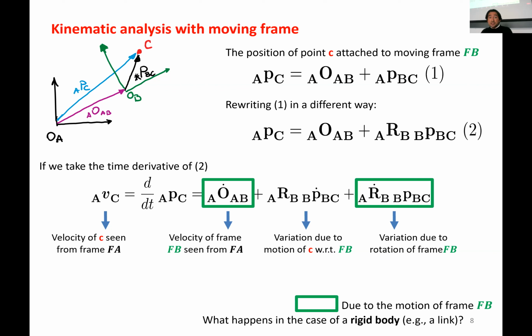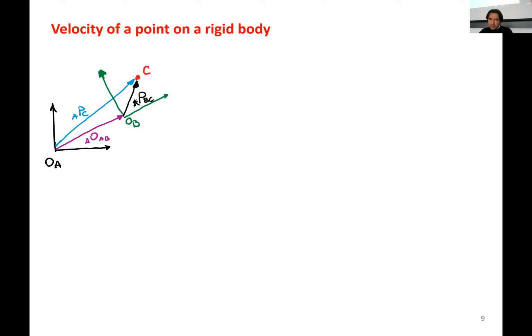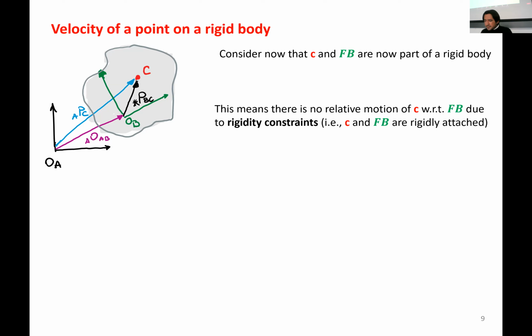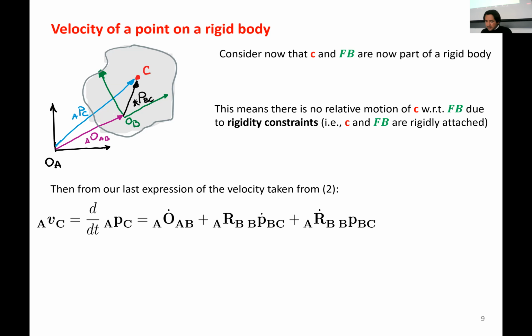But what happens in the case of a rigid body, which is what we care about, because we are assuming that all of our links are rigid. So let's have our diagram here again, but now let's consider that C and frame B are contained within a rigid body. The difference here is that C and the origin of B don't have any relative motion because they are subject to rigidity constraints, and they're rigidly attached to each other.